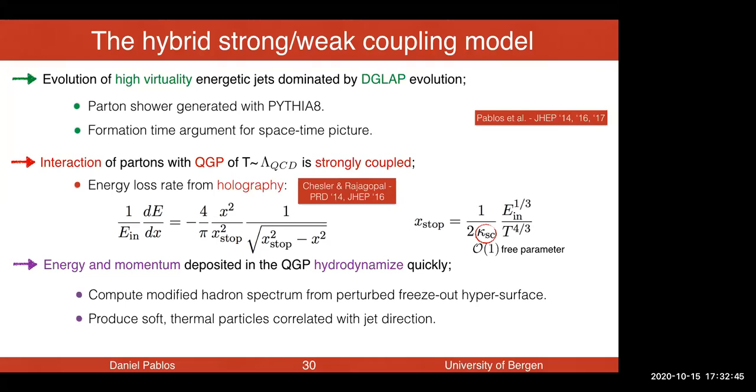This model is called the hybrid strong/weak coupling model, because we have this hybrid evolution, with the shower generated through Pythia 8. Then we assign a formation time argument for the space-time picture, so that we can assign a space-time picture to a momentum-space shower such as Pythia 8.